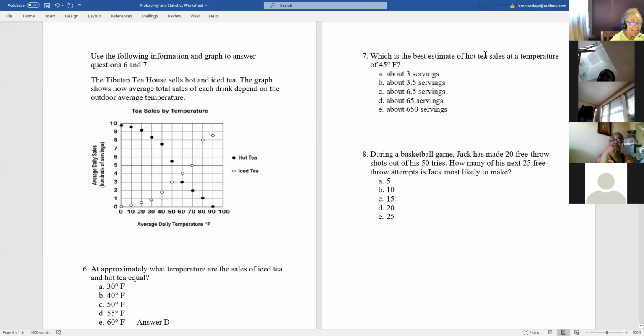What's the best estimate of hot tea sales at a temperature of 45? Okay, the temperature is here on this axis. This is X, right? So 45 is going to be between 40 and 50. So at 40 degrees, what are the sales?